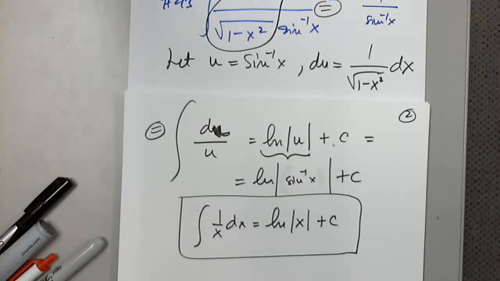How do I check any indefinite integral? Fundamental theorem of calculus, part 1, which shows that differentiation and integration are inverse operations. So how will I show that this is correct?